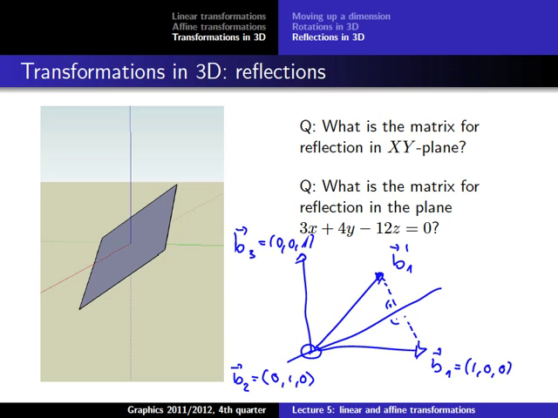And one way you could do this, you have the normal vector on this plane here. And you have this vector b, so you can use these two to construct a line here in parametric representation, which means you take b1 as the support vector, n or minus n as the direction vector, and then you can calculate the intersection of this line with this plane here.